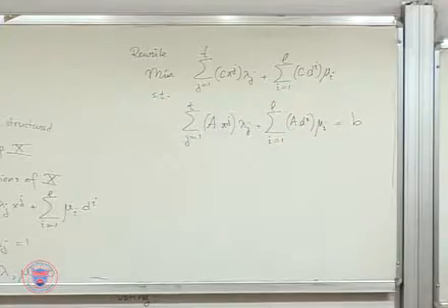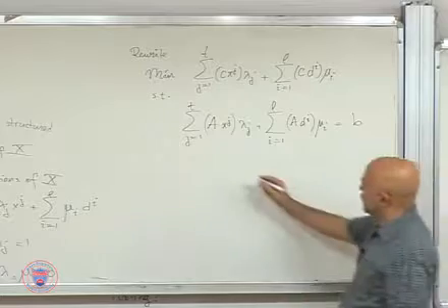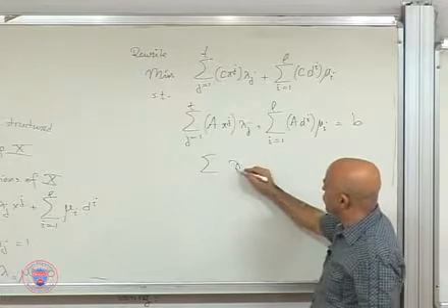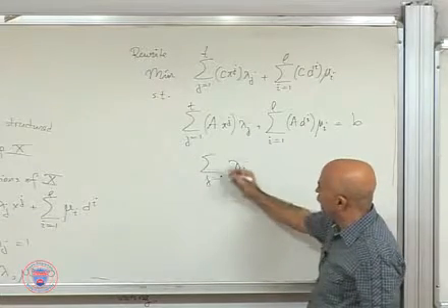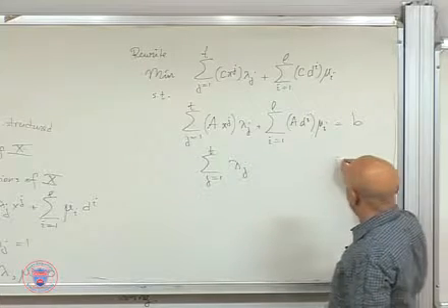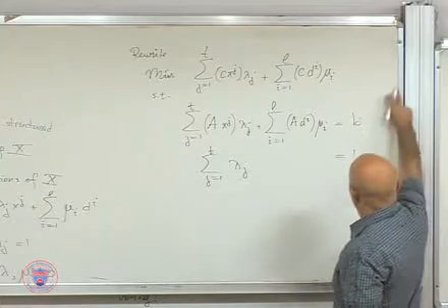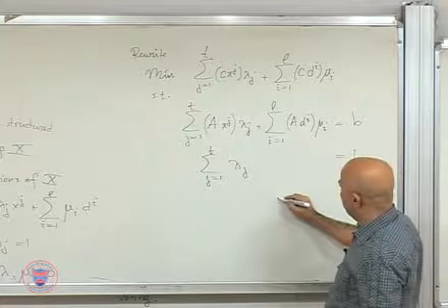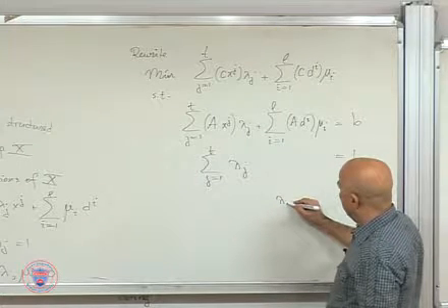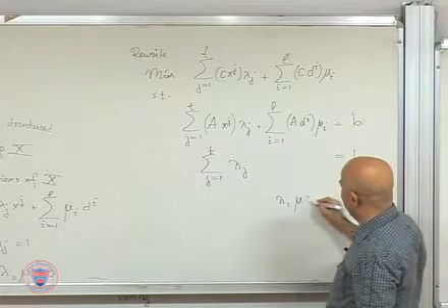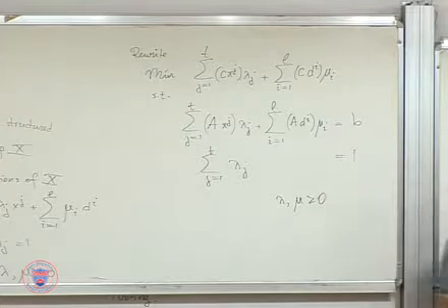That's what you will get. Plus, you have lambda j's adding up to 1. And then finally you have lambda and mu as vectors non-negative. Okay?